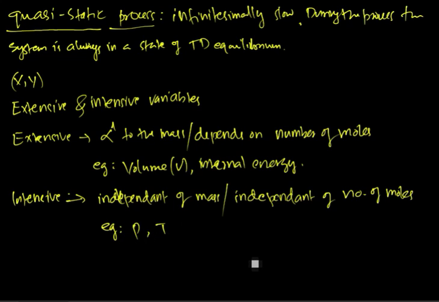So these variables are interconnected by the equation of state. We can represent their interrelationship in a quasi-static process by curves or diagrams drawn with the help of a device called the indicator diagram.